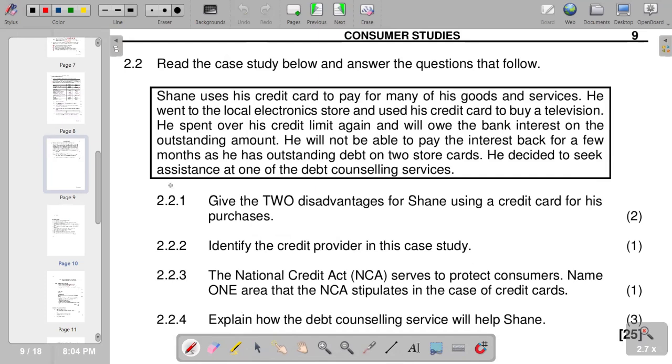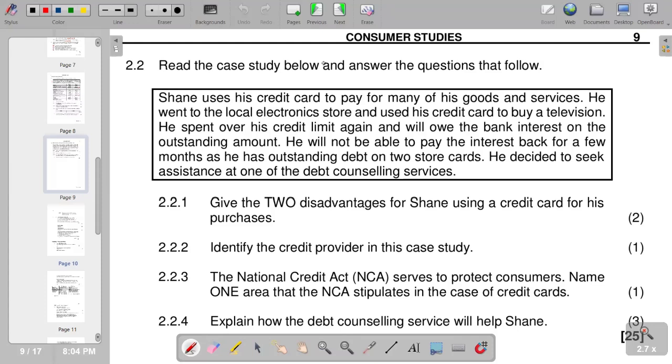Then next one, identify the credit provider in this case study. Coming to this part, it reads he will owe the bank interest. So it means the bank is the credit provider. The bank is the credit provider.